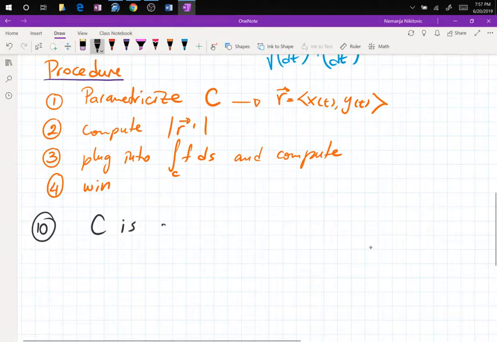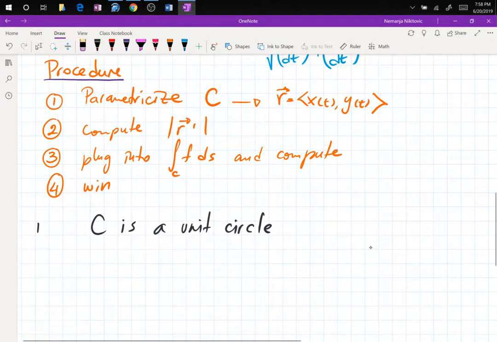C is a unit circle. Oh, we didn't cover this yet. Hold on. Well, let's just make it up.